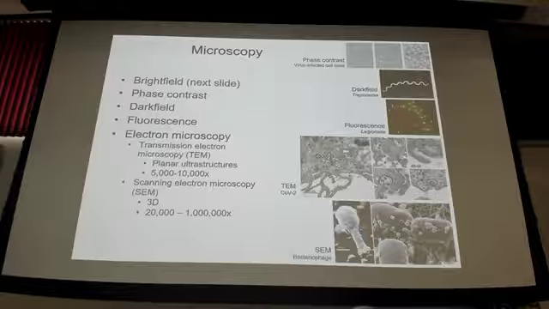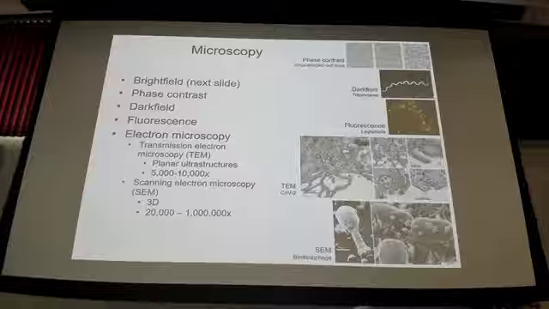Next, we have fluorescence microscopy, which is pretty common, especially in labs that can afford it. You need a fluorescence scope, but it's really helpful for things like tuberculosis. This example is showing Legionella, which is another type of bacteria we'll talk about later.